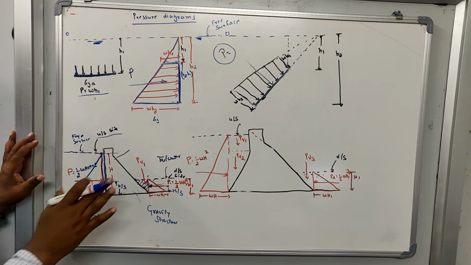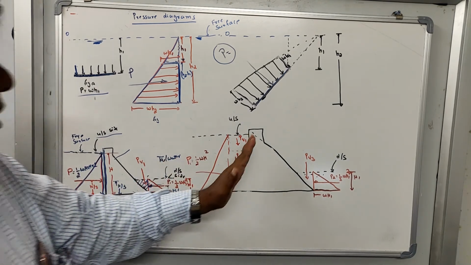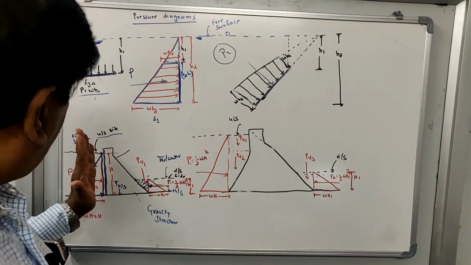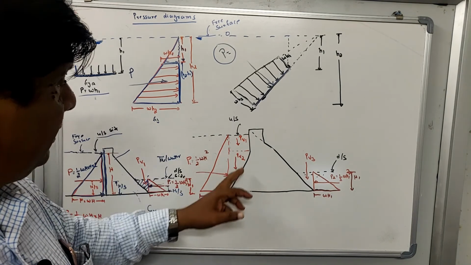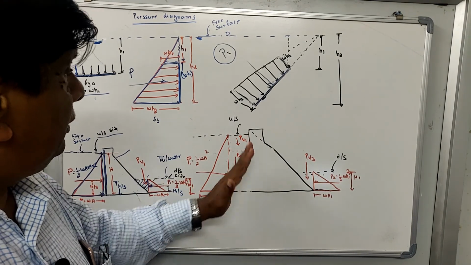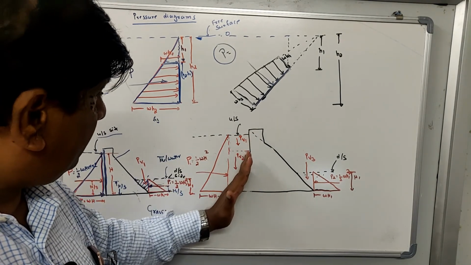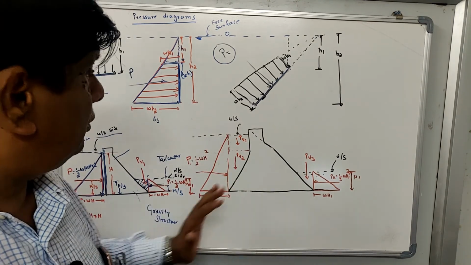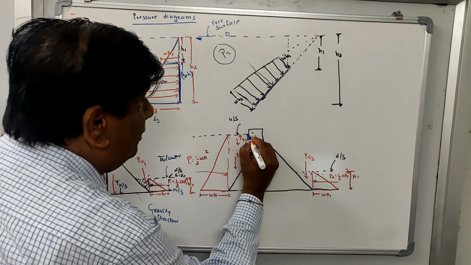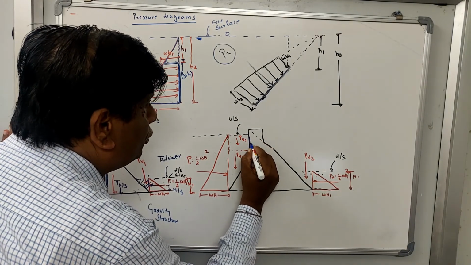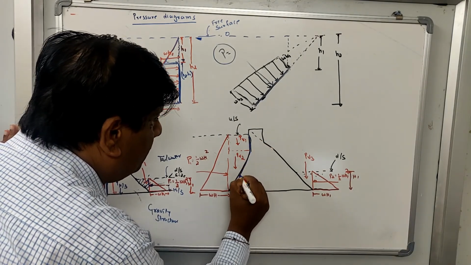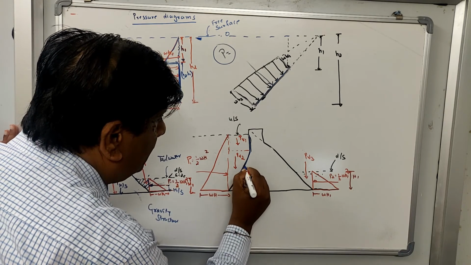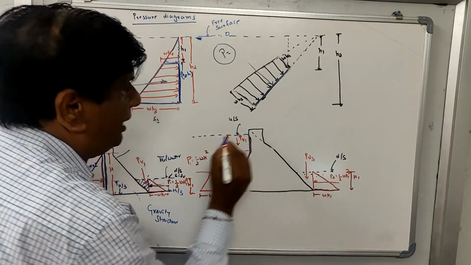Okay, so like this. Similarly, if the upstream face of the dam is not vertical, if it is inclined, you project this inclined portion of the dam in the vertical direction. This is the inclined portion of the dam at the upstream side.